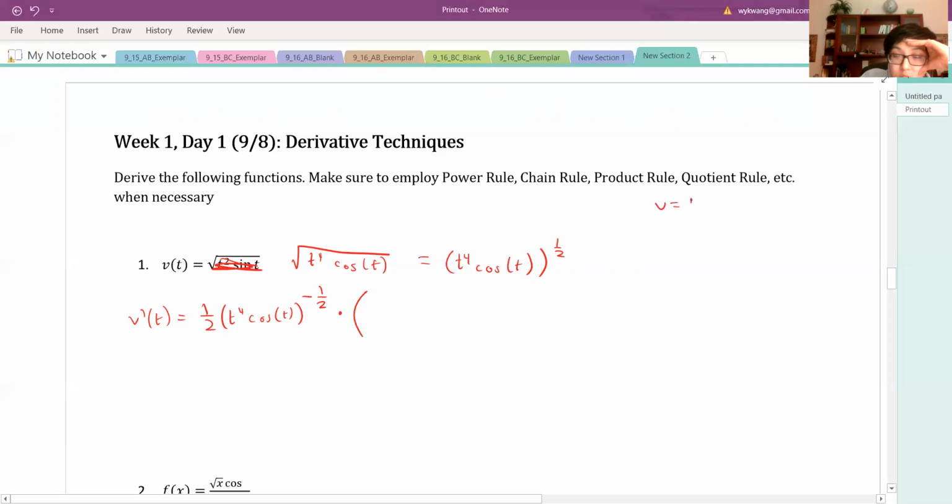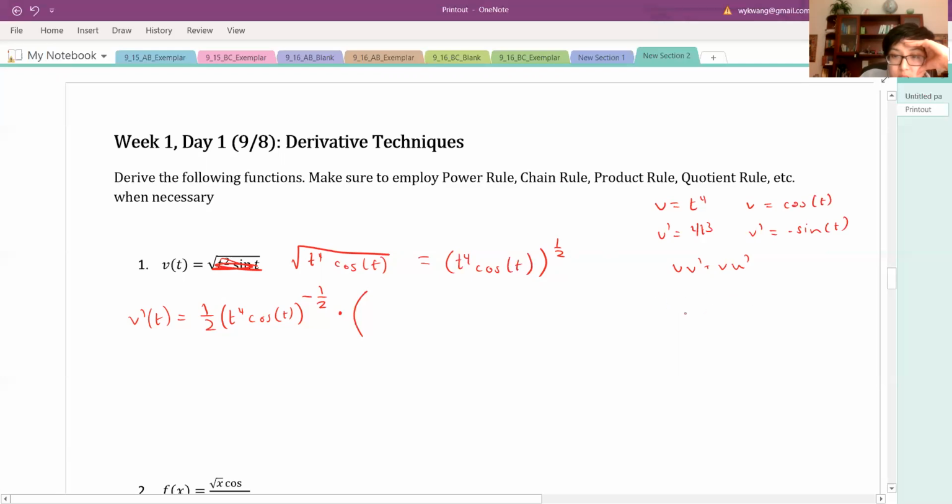So u is equal to t to the 4th, v is equal to cosine of t, u prime is equal to 4t cubed, v prime is equal to negative sine of t. So the product rule is uv prime plus vu prime. So uv prime, so t to the 4th times v prime, which would be negative sine t.